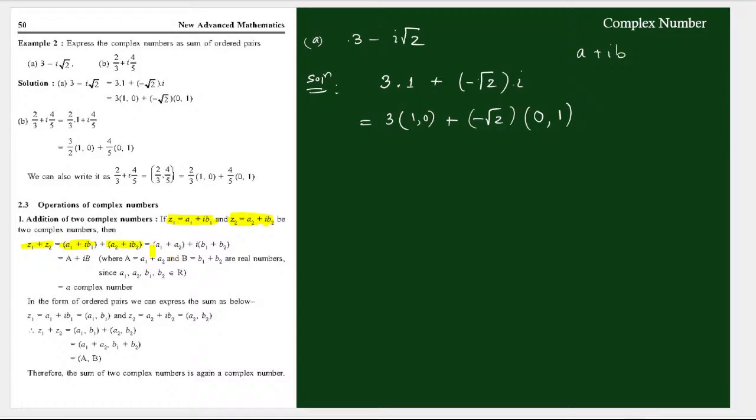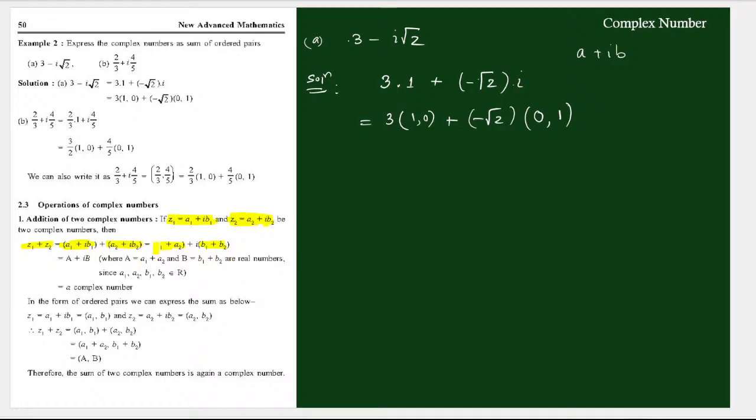Okay, then जो real part है, we keep them separate, a1 plus a2. ठीक है, this is your a1 and this is your a2. So a1 plus a2, and then जो I है उनको हम I common ले लेंगे, then I common b1 plus b2.